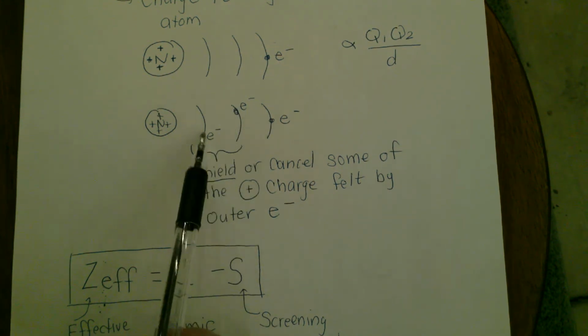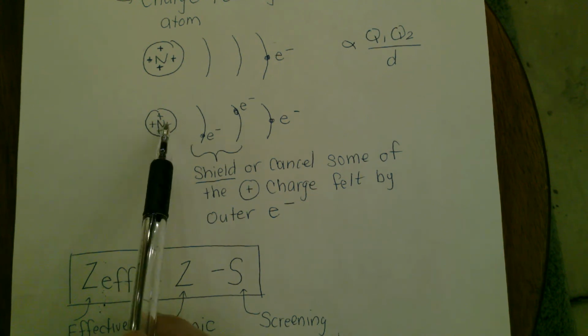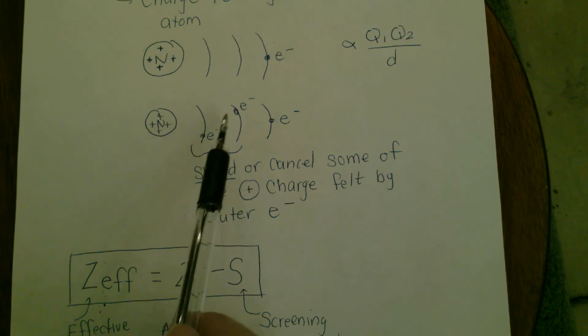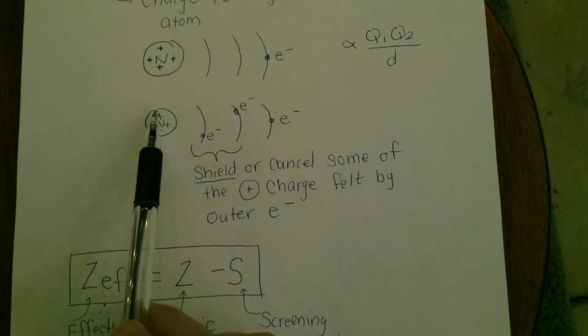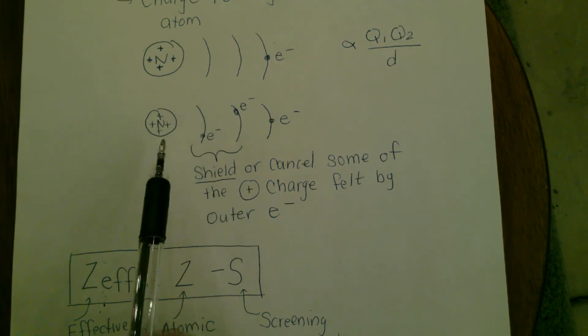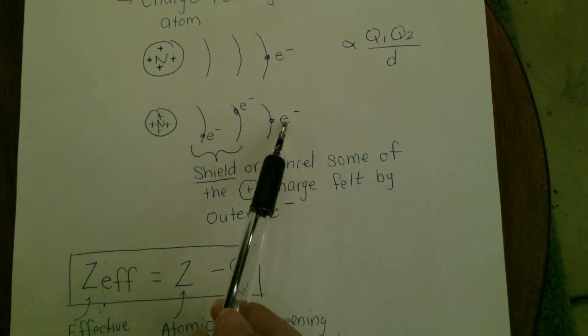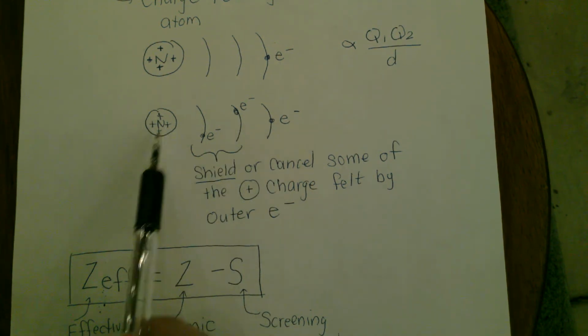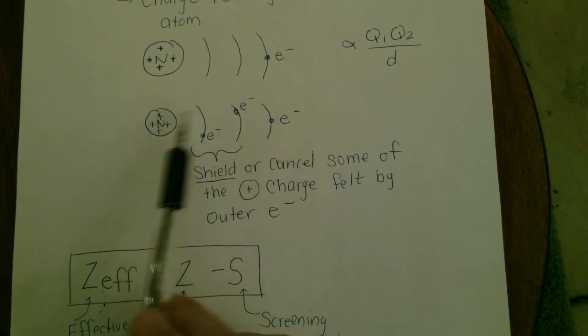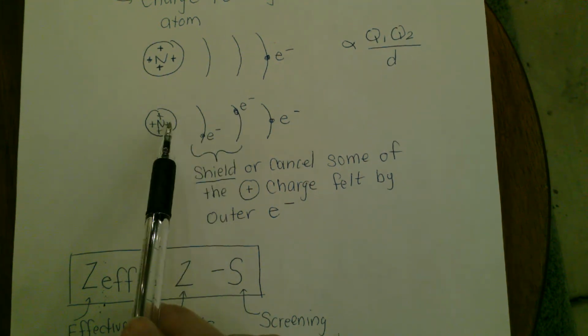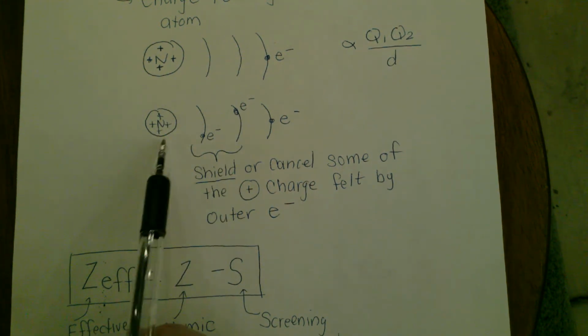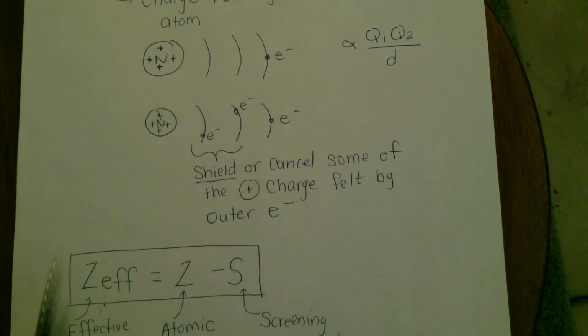So these 2 electrons are taking away some of that positive charge. So the simplest way to think about it is 2 electrons can take away 2 magnitudes of the positive charge. So instead of feeling a +4, 1, 2, 3, 4, this electron is only feeling really like a +2 because this electron is canceling out a positive charge and this one's canceling out a positive charge. So this one is just feeling a +2.